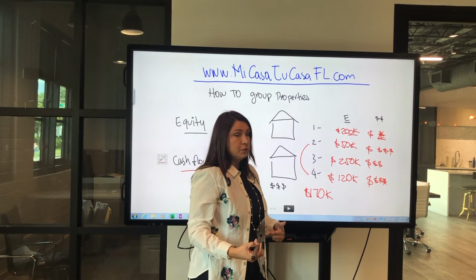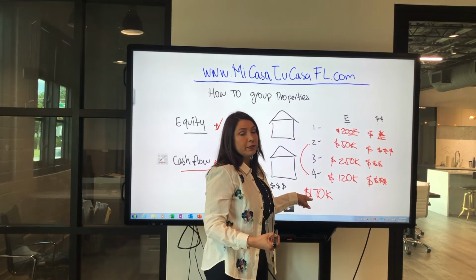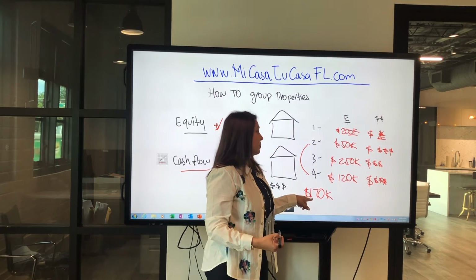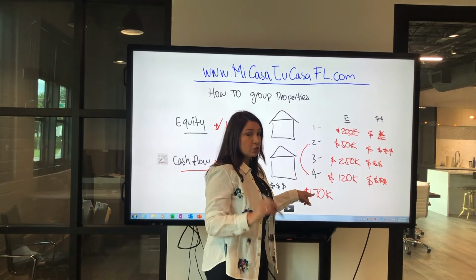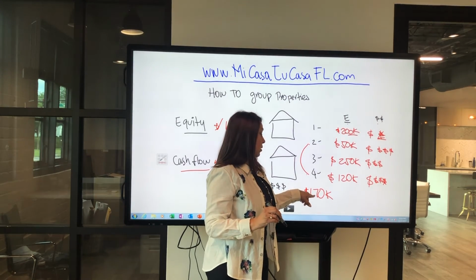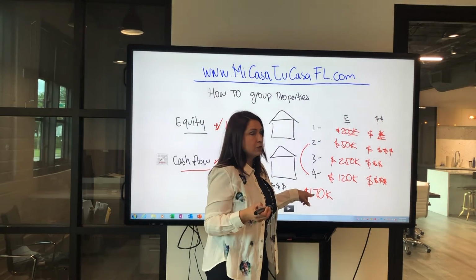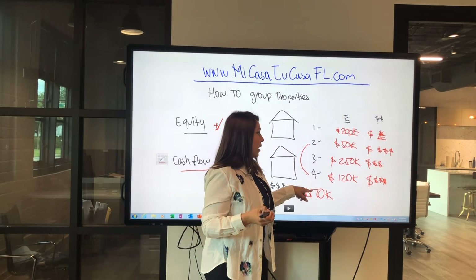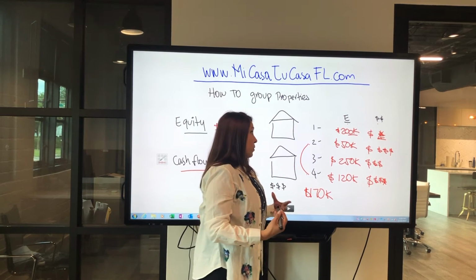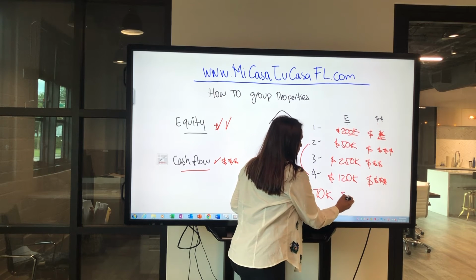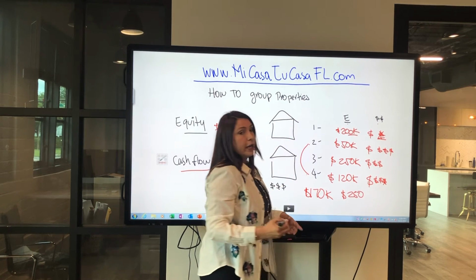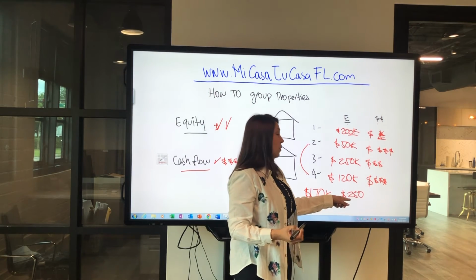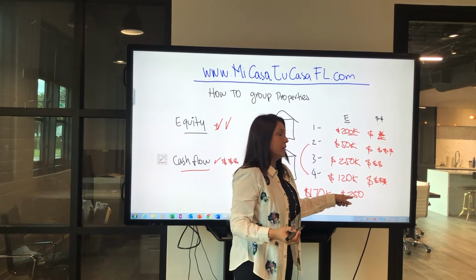If you get a lawsuit, this is the money that you will probably be looking at, because remember, these properties are all in that LLC. So that LLC technically owns $170,000, right? Now, you probably want to keep the one with $250,000 alone, because you have more equity there.